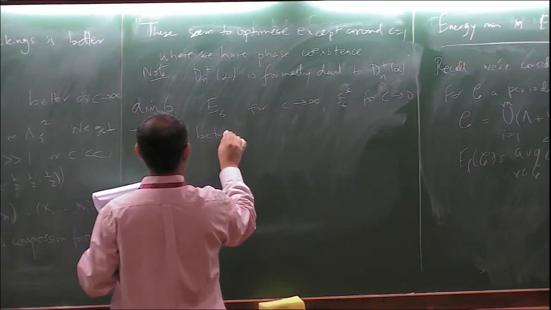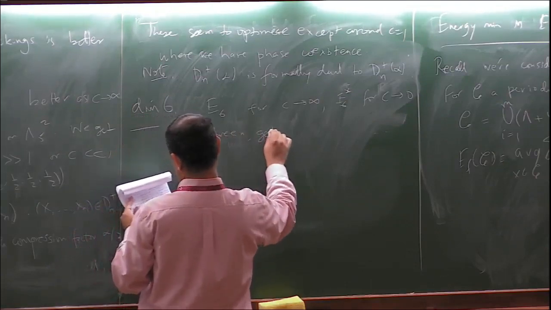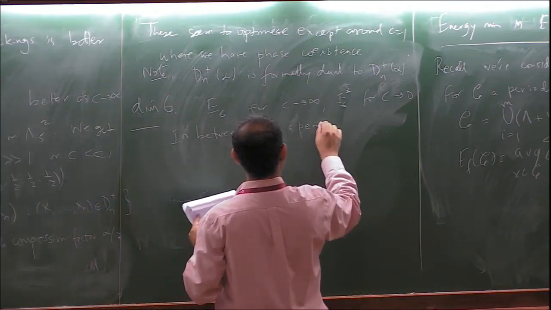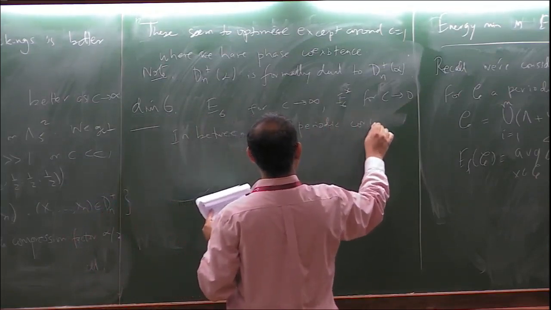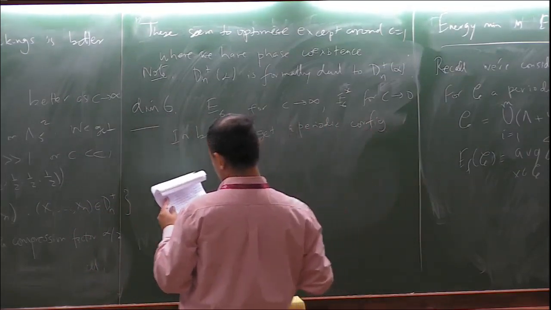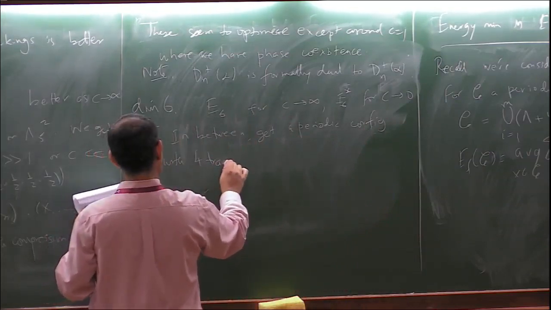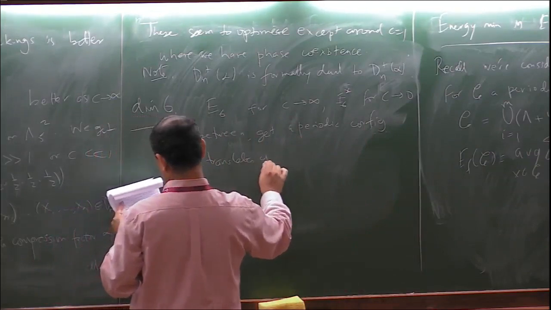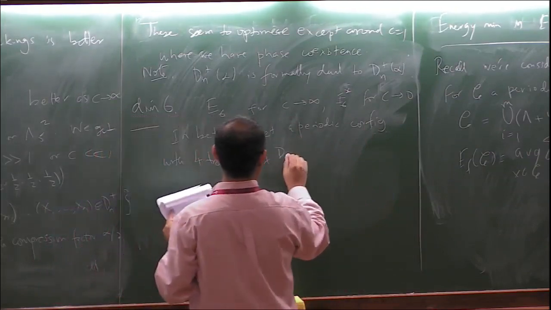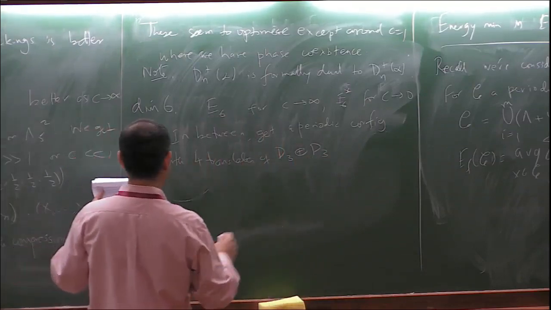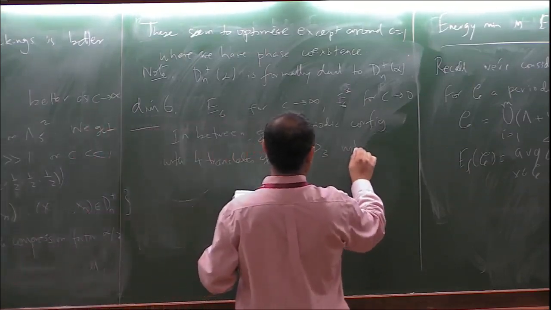In between, you get a periodic configuration with 4 translates of D3 plus D3. So that's a 6-dimensional lattice, and again with scaling.